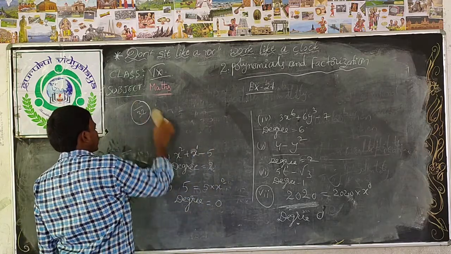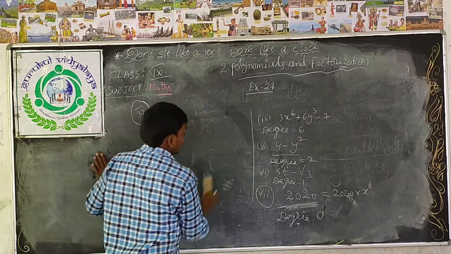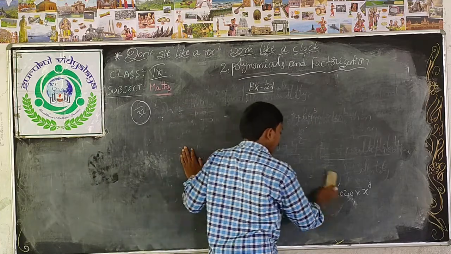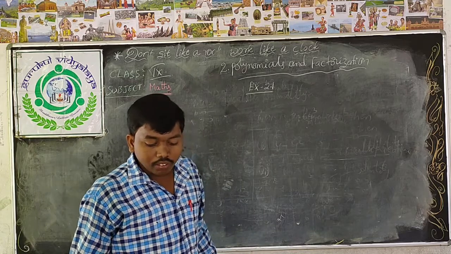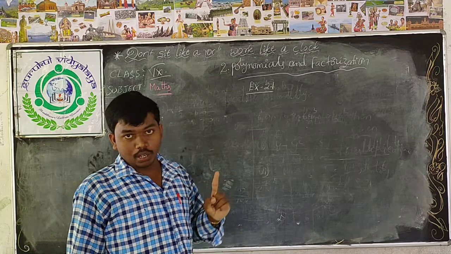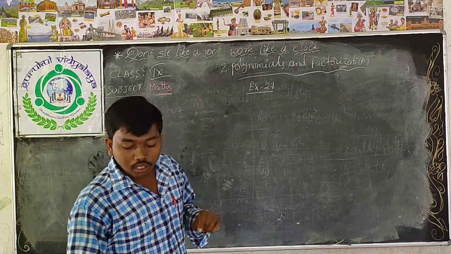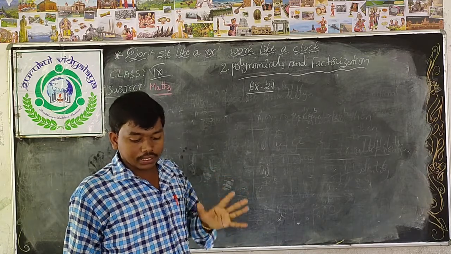Next, the second sum, the same page 32. See the children, the second question, read it in your mind. Which of the following expressions are polynomials in one variable, and which are not? Give reasons for your answers.